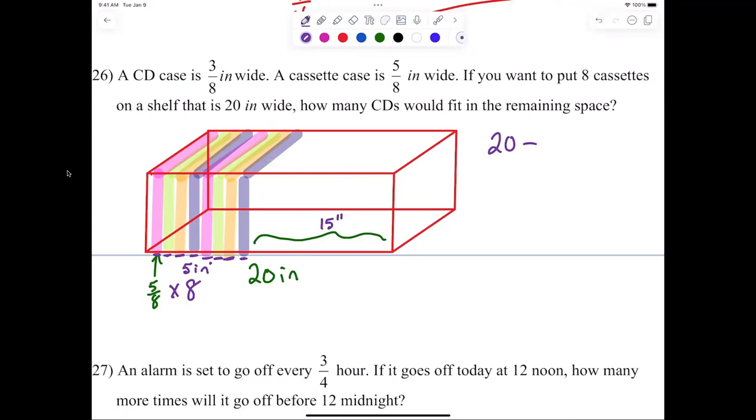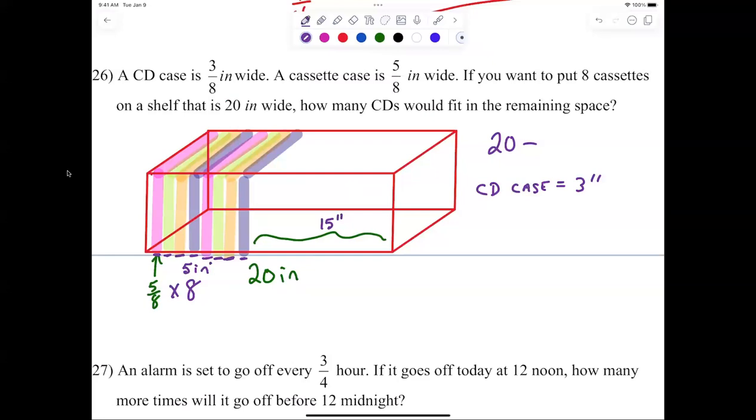What are you thinking? What do you do? You do 50 times 3. So now let's say this, Luca. Let's say each CD case was 3 inches. CD case equals 3 inches.